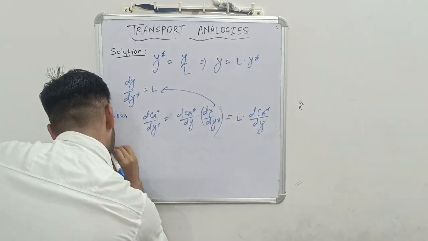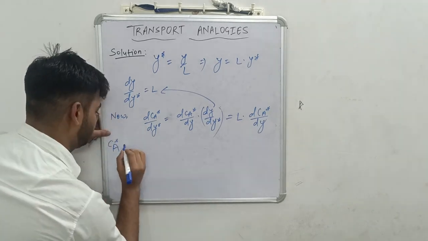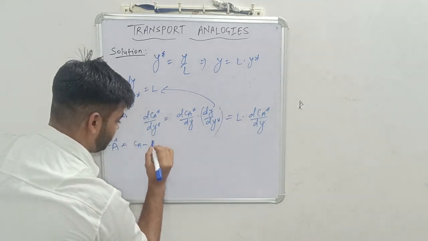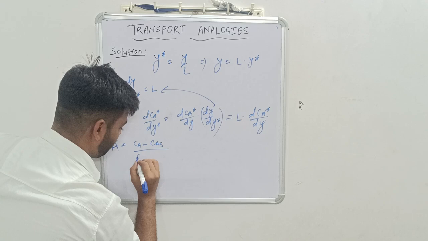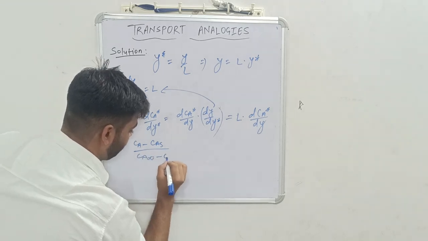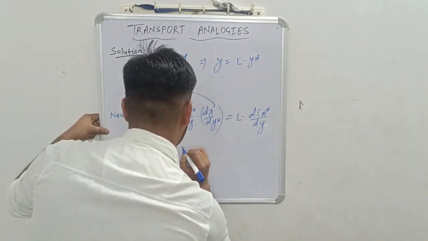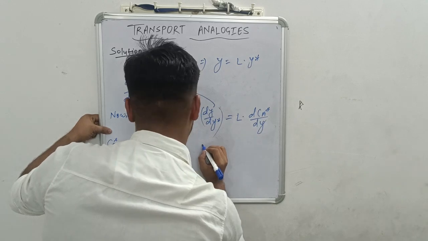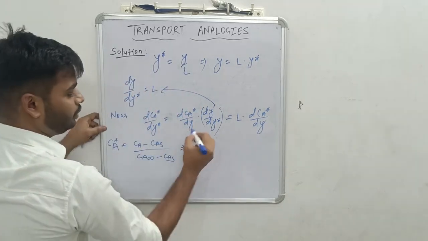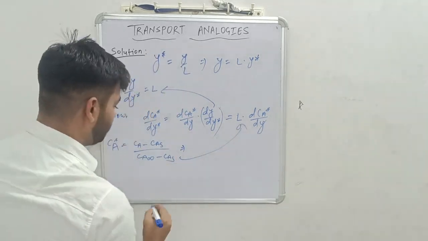Now C star is equal to CA minus CAS upon C infinity minus CS.